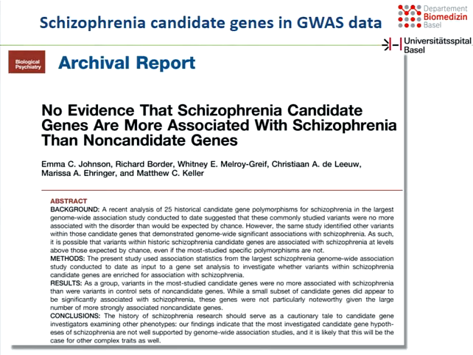So the more, let's say, unbiased view that we have now, that we are looking in a genome-wide fashion at the genome to identify variation that is really associated with the disorder or with the phenotype, that is, I think, a clearer strategy. And this is something that we have learned from psychiatric genetics, definitely.